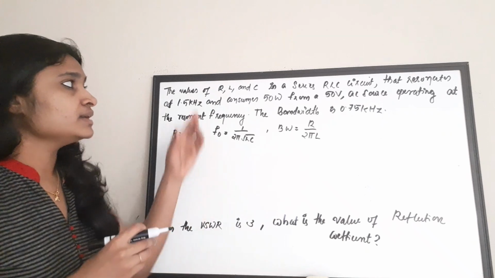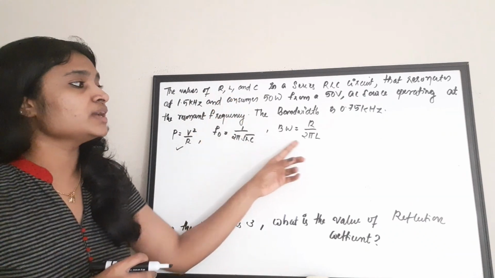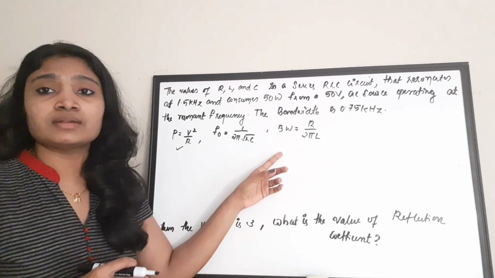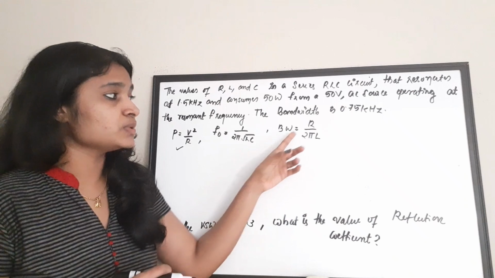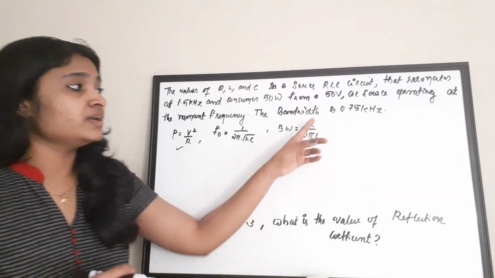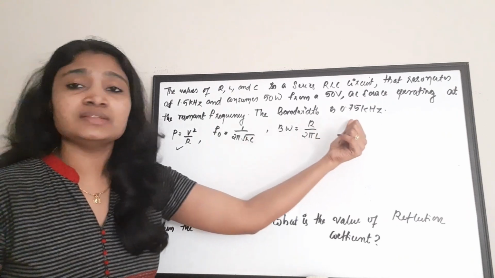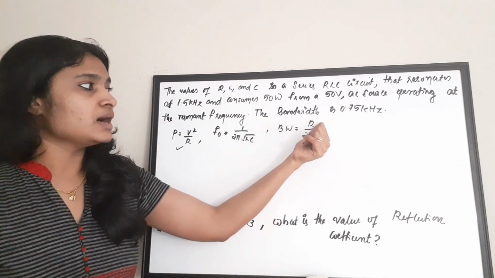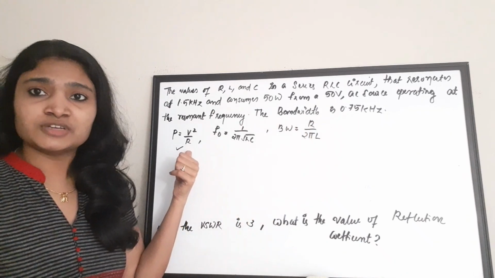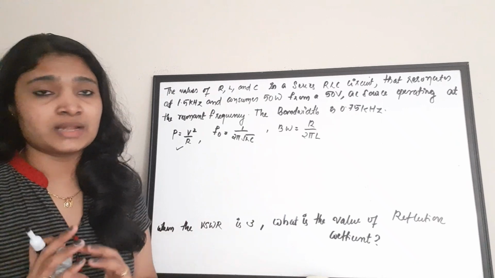Next we need to find the value of L, that is the inductance. For that you can use the bandwidth equation of a resonance circuit. Bandwidth is equal to R by 2 pi L, where R is the resistance value and L is the inductance value. Here the bandwidth is given, and the R value will be obtained from the first part, so you can directly find the L value. Then the third one, we need to find the capacitance value.